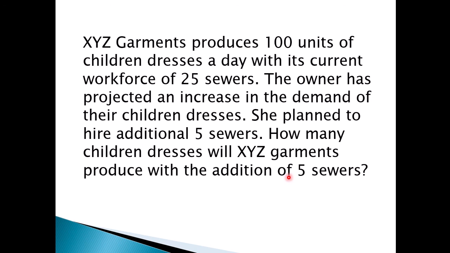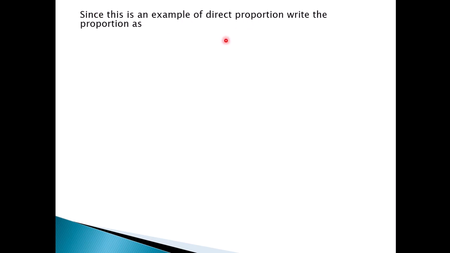Okay, so moving on with the solution, for you to visualize how it's going to look. Since this is an example of direct proportion, we write the proportion in a form like this. After that, we substitute the given. We have present output over present workforce, which is equal to new output over new workforce. So this is just the visualization. If you will be asking, sir, do we need to write present output over present workforce?